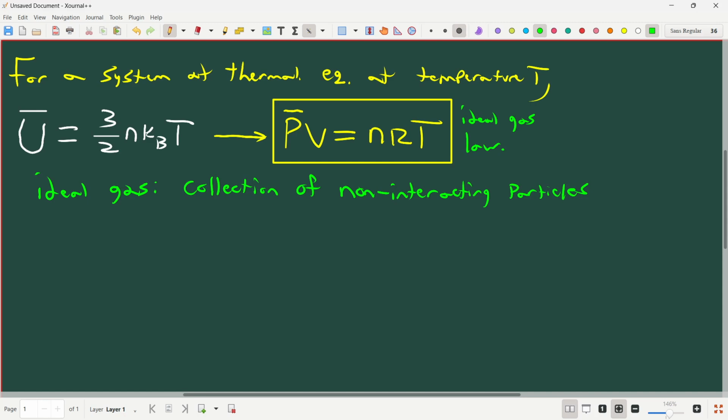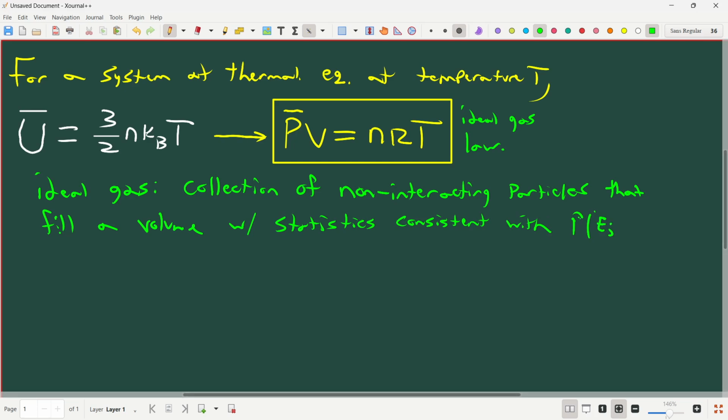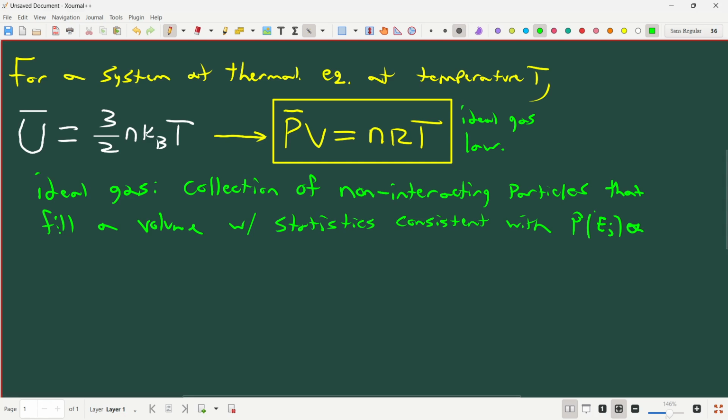They just have kinetic energy that fill a volume with statistics consistent with Boltzmann's distribution, with thermal equilibrium, with the fact that the probability of a given energy is proportional to, this is my little proportional to sign, let me clean it up, it's a little cursive alpha if you've never seen this before, e to the minus E_j over kT.